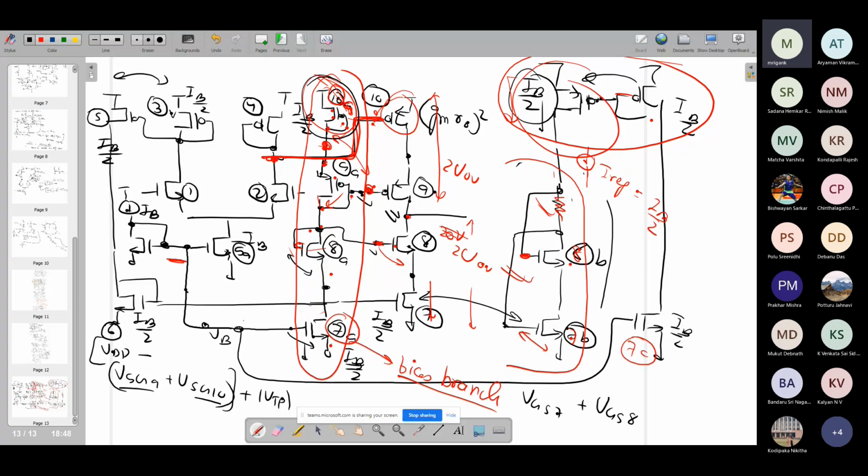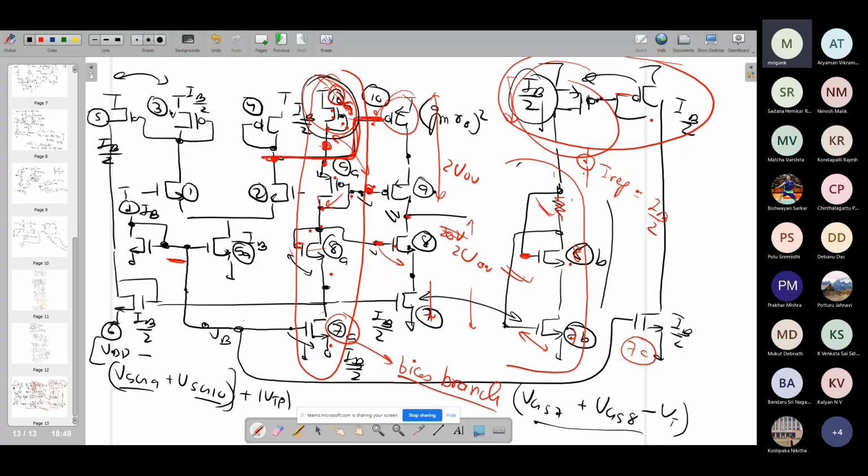Likewise, for M7 you will have similar gate and drain voltages, and on top of that you have another gate to source voltage of M8. So this is going to be VGS7 plus VGS8, and that is the gate voltage of M8. So this minus VT is the minimum allowed swing.